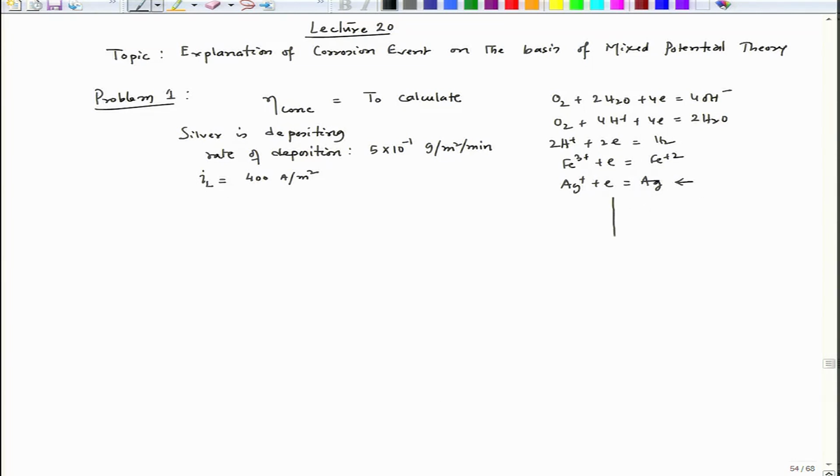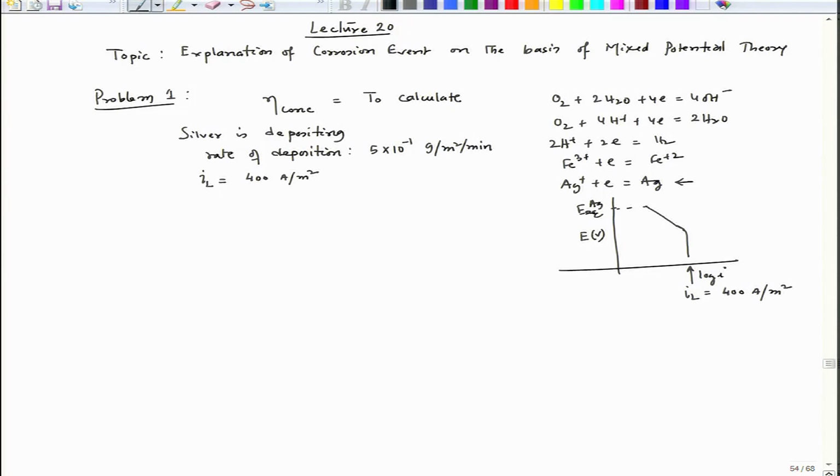Let us say this is E equilibrium for Ag at the concentration we have in the Ag solution, and the plot looks like this. This is log i, this is E voltage, and here we are considering the standard hydrogen electrode as the reference electrode. This indication is iL, which is 400 ampere per meter square.